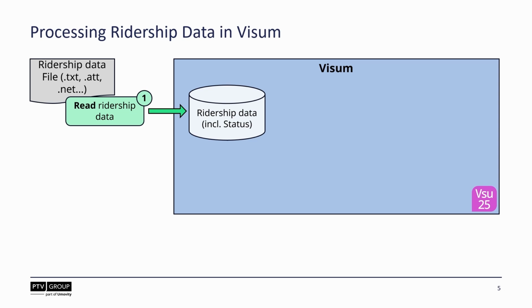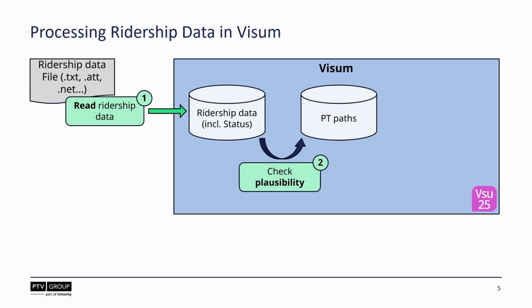After importing the ridership data into Visum, we perform a plausibility check. The plausibility procedure ensures that each of the reported passengers' journeys are plausible and consistent with the model timetable in the network. This procedure uses the dataset's information to generate paths that didn't exist before.